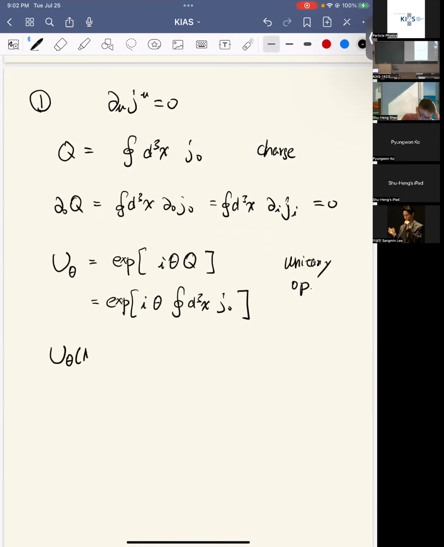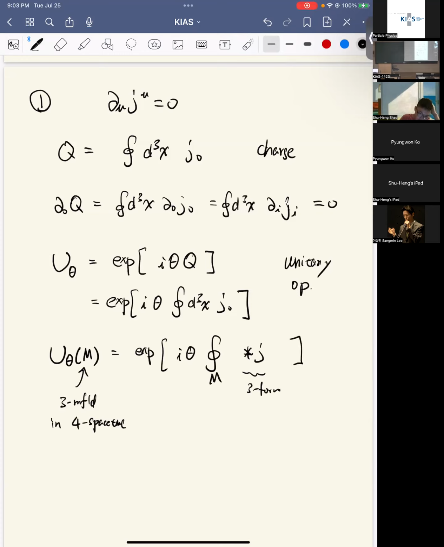The more covariant expression is to define this object U theta on a general 3-manifold in spacetime, where you integrate star j, which is a 3-form, on a general closed 3-manifold. When the 3-manifold M is the whole space at a given time, this gives you an operator.